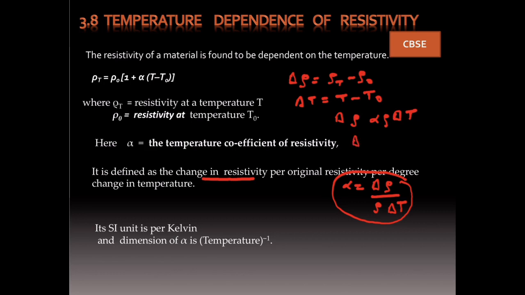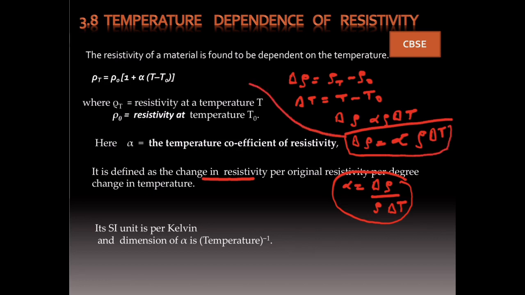So we get delta rho is equal to alpha rho delta T. After putting the values, you can get this relation. So see, class 11th concept. This is the mathematical relation of resistivity on temperature.